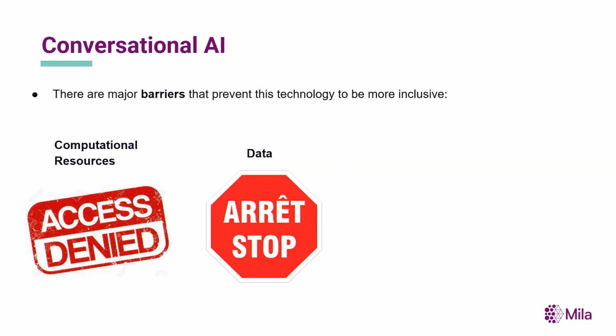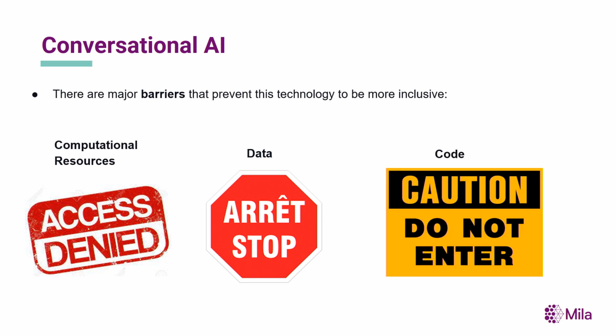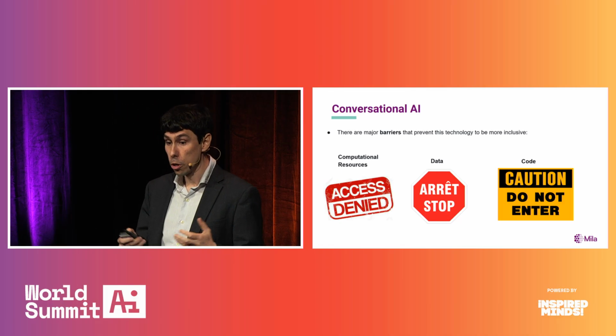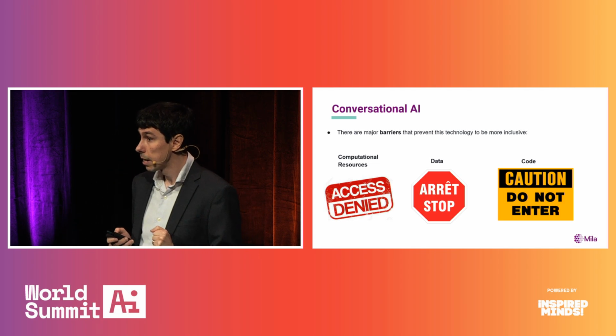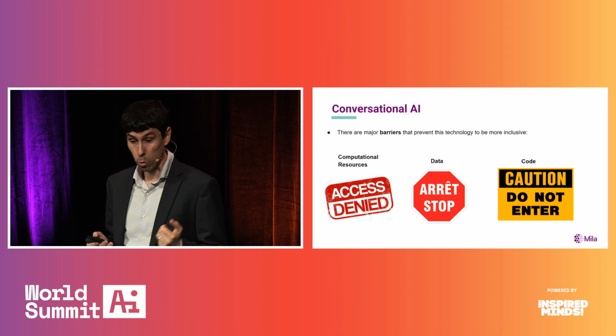So we don't have access to the amount of data that some companies have. And the third thing is code. Even though there are many open source initiatives these days, which I really like, still the code of some large language models, like ChatGPT, for instance, is not open, and also the code for the speech assistants is proprietary. So that's actually something we don't want.